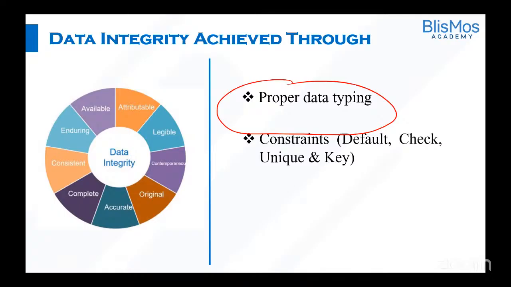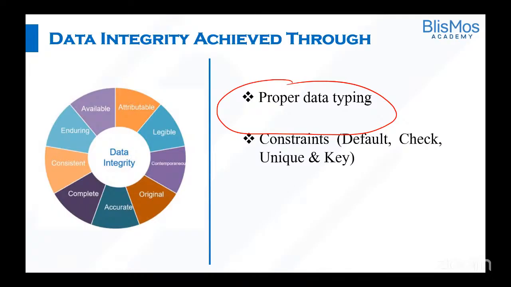We just discussed. So constraints are nothing but rules. We are applying some kind of policies or rules so that we can control the quality of the data which gets inserted into the table.